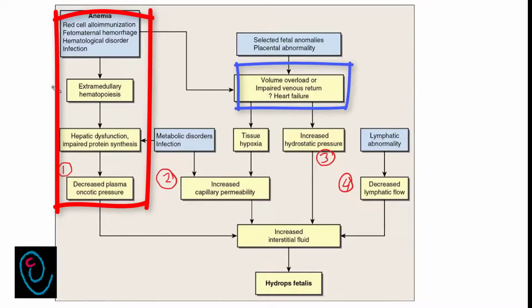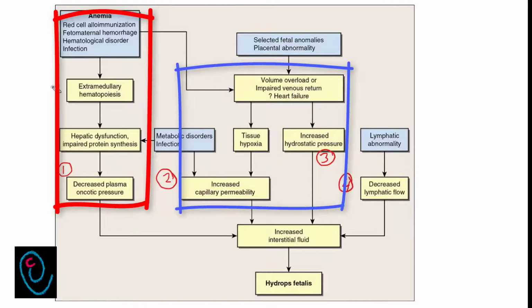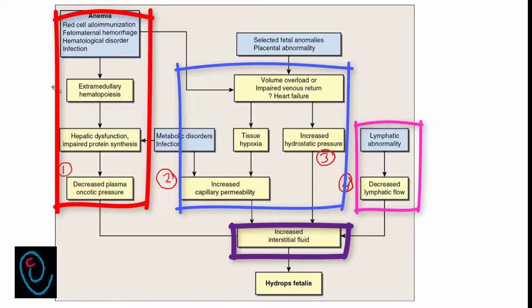Volume overload due to increased venous return and heart failure increases hydrostatic pressure, and also produces tissue hypoxia, which increases capillary permeability. Lymphatic abnormality is another cause. It will decrease lymphatic flow. All these factors will finally result in increased interstitial fluid and the development of hydrops fetalis.